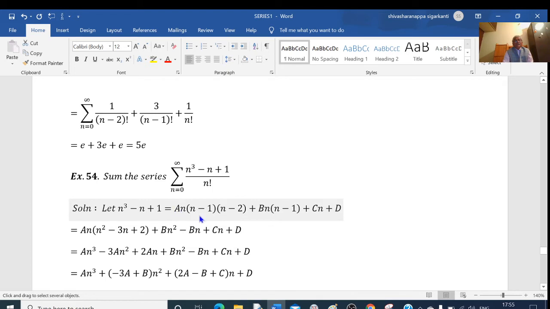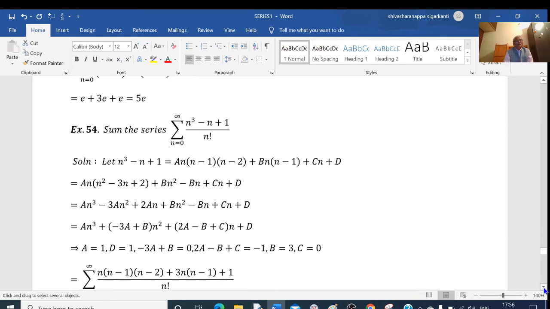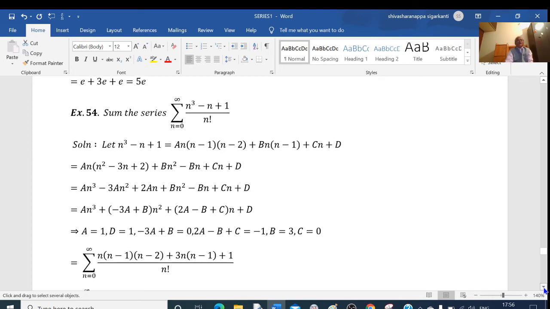The right hand side is a into, this is nothing but n squared minus 3n plus 2, plus b n squared minus b n plus c n plus d. Again taking this inside, I am getting a n cubed minus 3a n squared plus 2a n plus b n squared minus b n plus c n plus d. Writing the terms in descending powers of n.